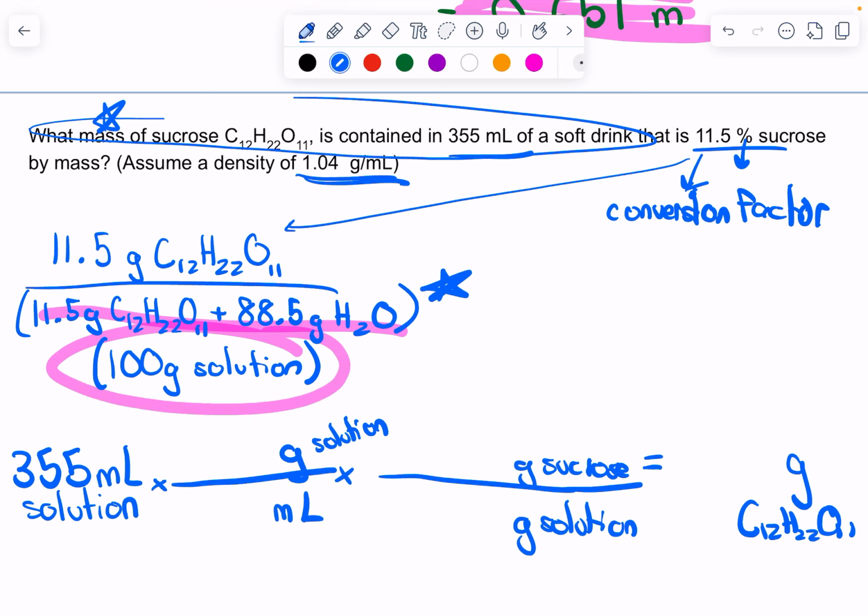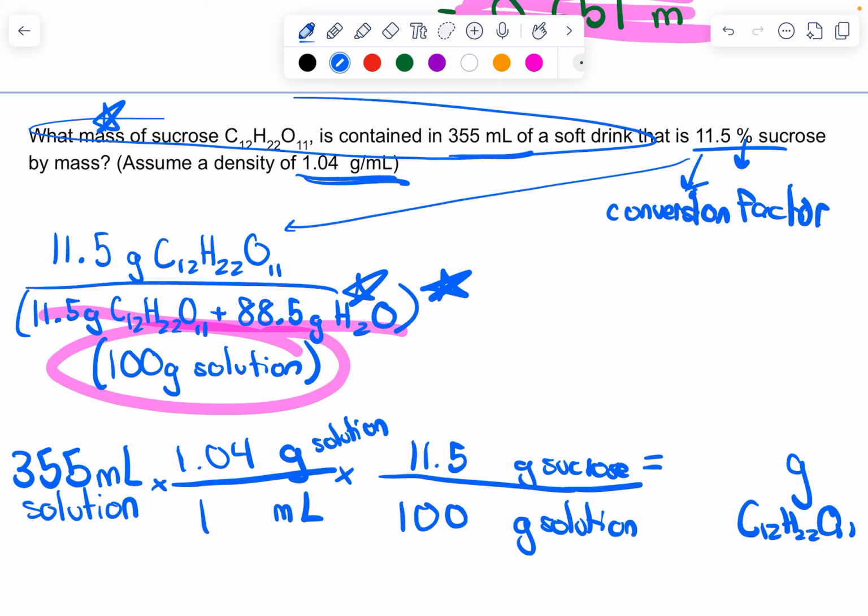So all I have to do here is put in the density, 1.04 grams per 1 mil. And then I have to put in the mass percent, 11.5 grams of sucrose for 100 grams of solution. So in this instance, I did not have to break it down into solute and solvent.